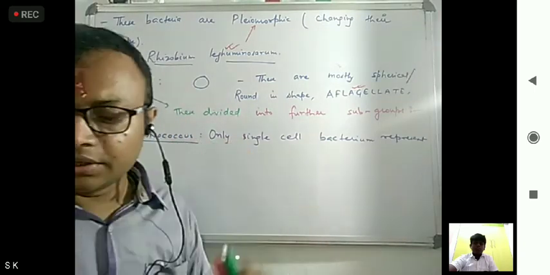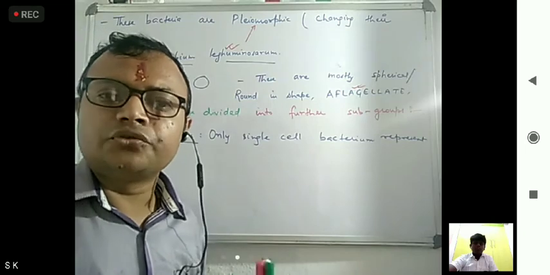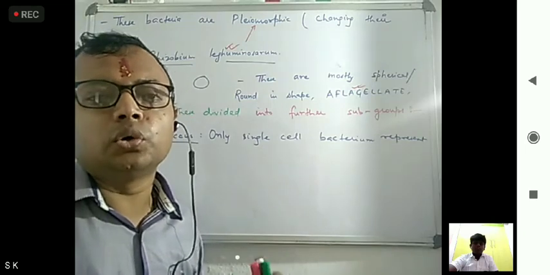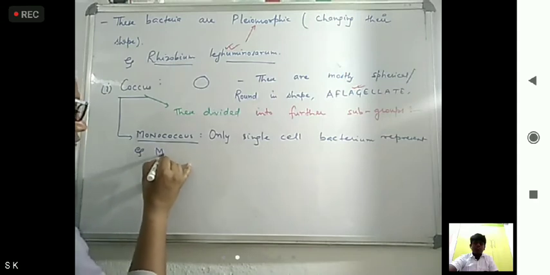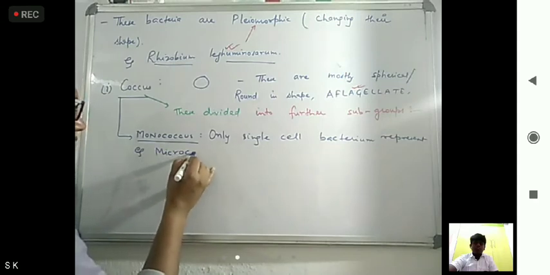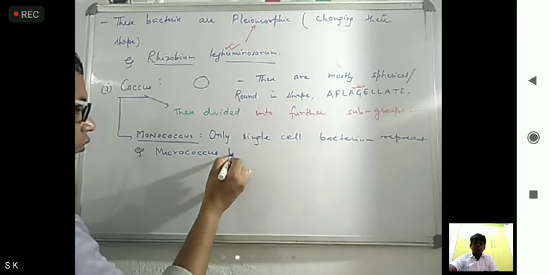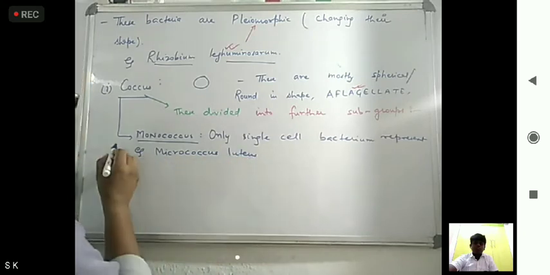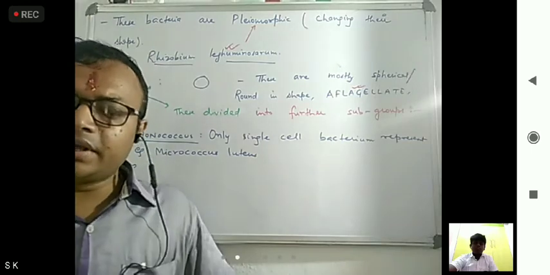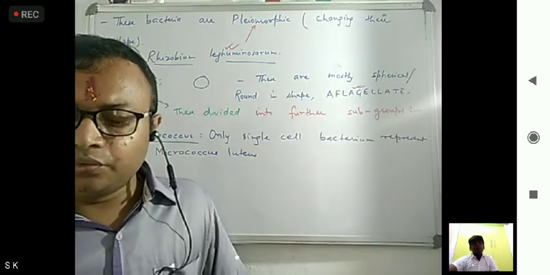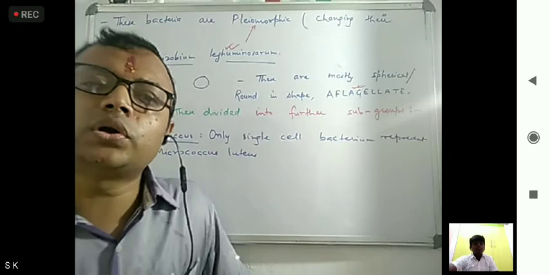Now here, what are the examples? For example, Micrococcus luteus. Now after monococcus, the second one is Diplococcus.